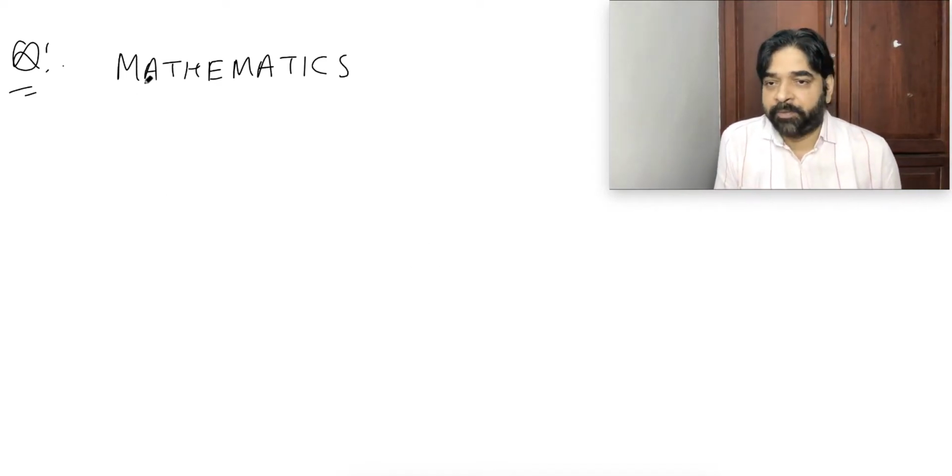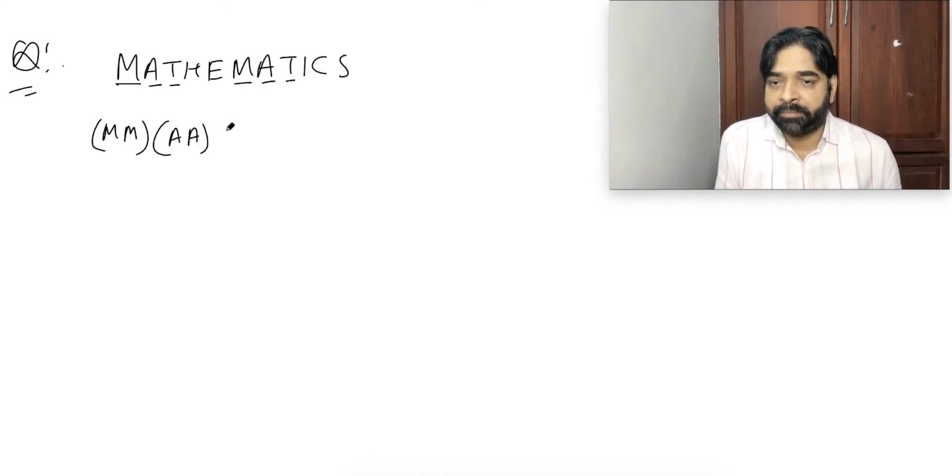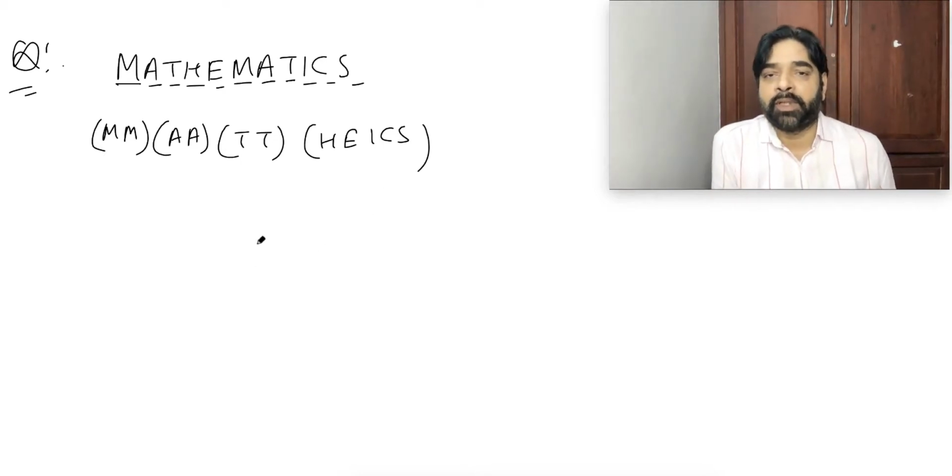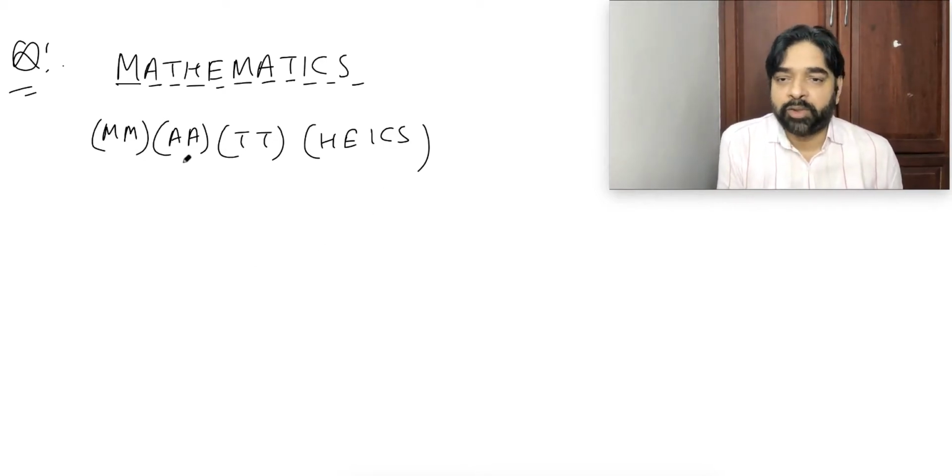So MATHEMATICS. First thing, keep all identical letters together: M and M, then A 2 times, then T 2 times. Is E also 2 times? No. Then H, E, I, C, S. So what is the total number of letters? 2 plus 2 plus 2, that is 6, plus 5, 11.